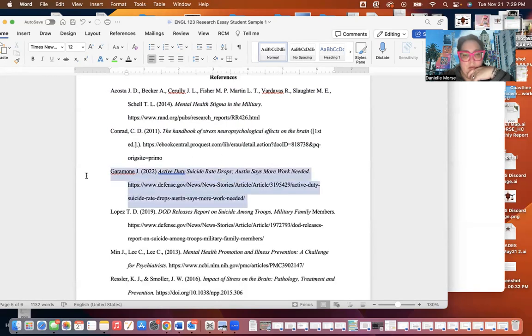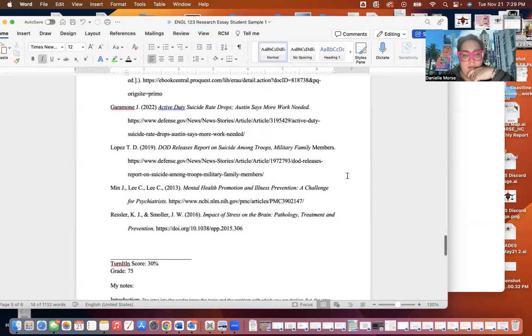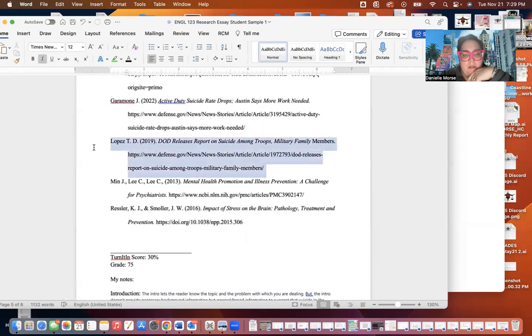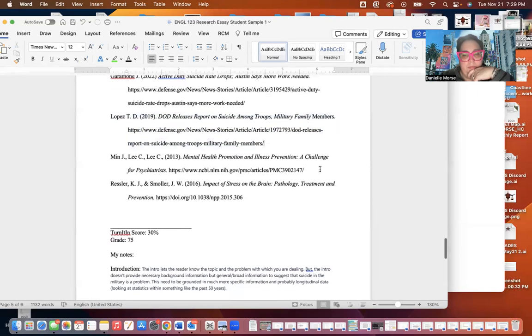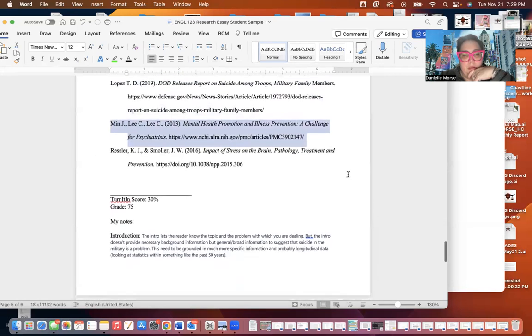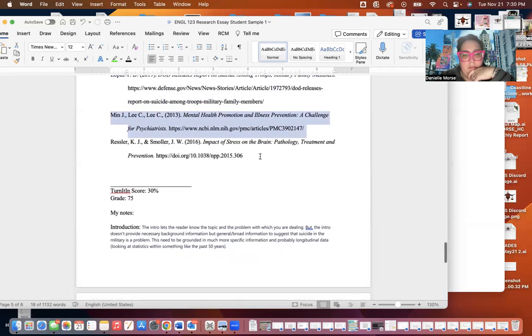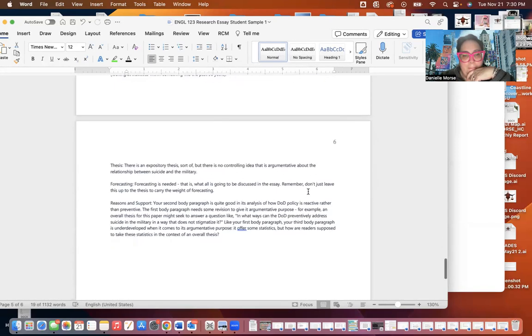This is a news article, so that's a substantive web source. This is directly from the DoD. This is, like I said, scholarly because it's from the NIH. This is, I would say, scholarly, but also missing information. So volume, potential issue, page numbers, and that type of thing.